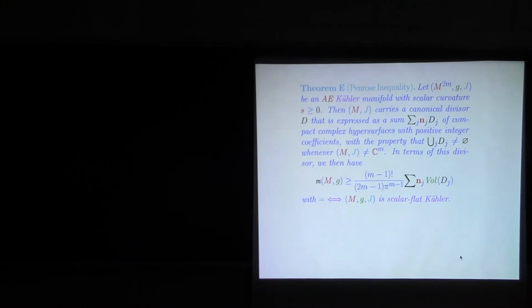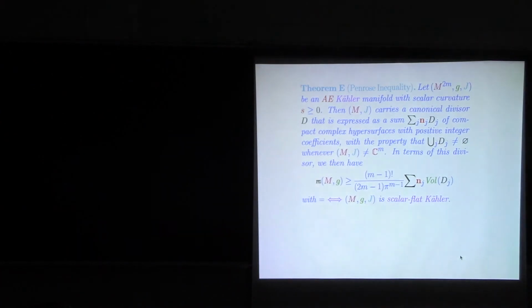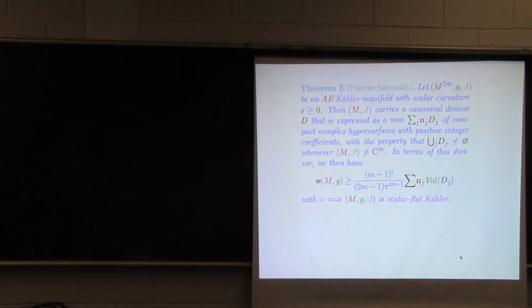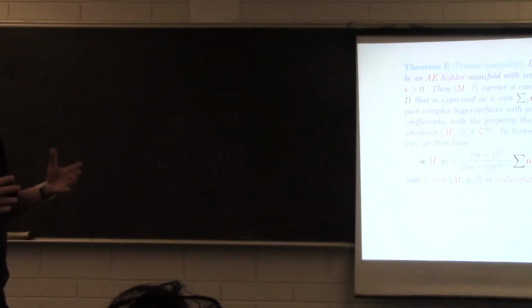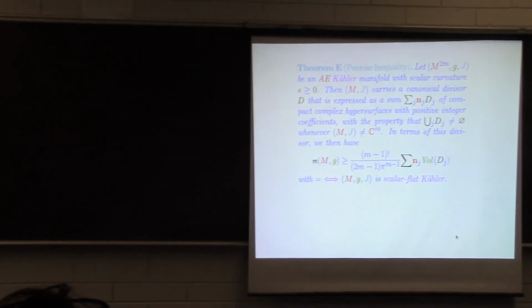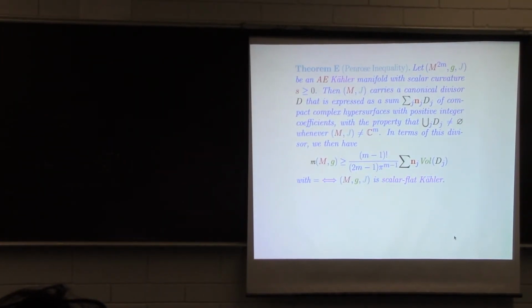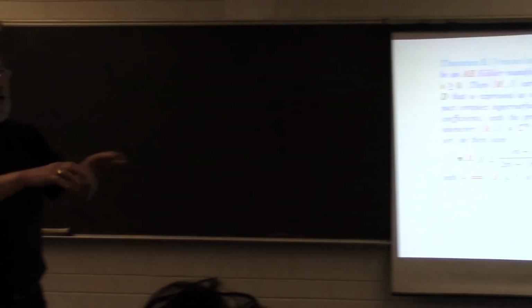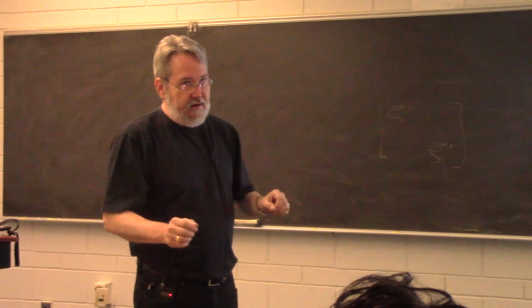Did you say that if you add the D's, they are a compactification of M? A priori, given an ALE Kaehler manifold, does the manifold look like complex Euclidean space outside a compact set?